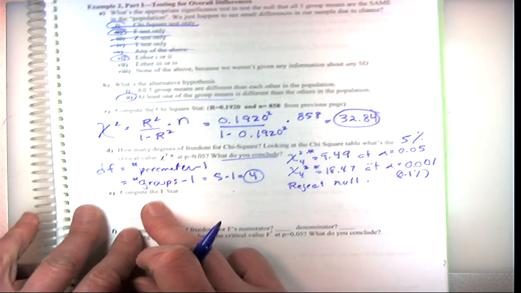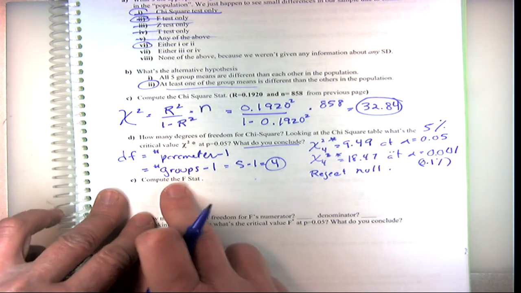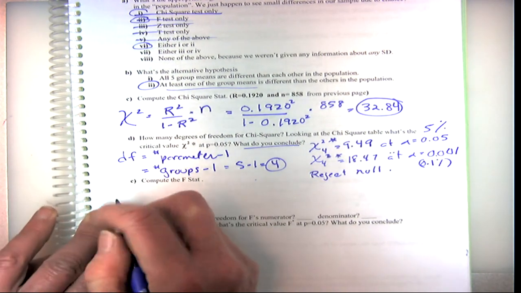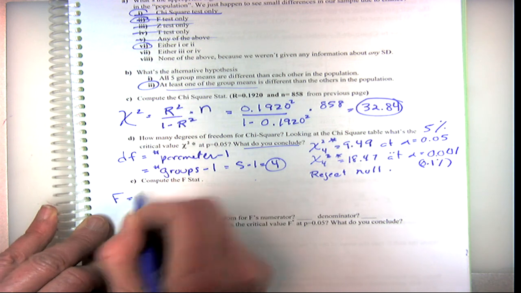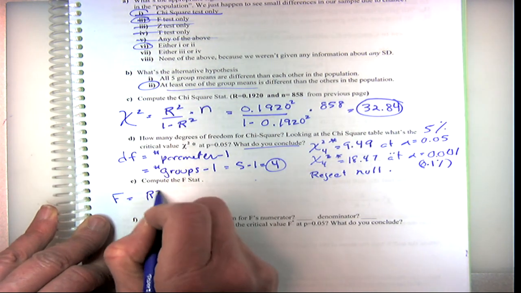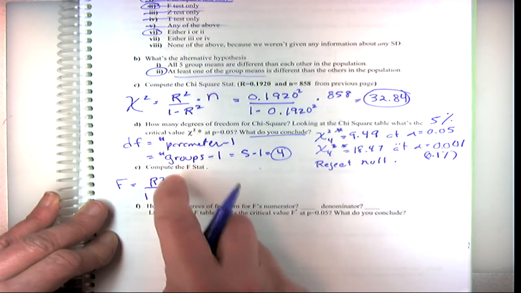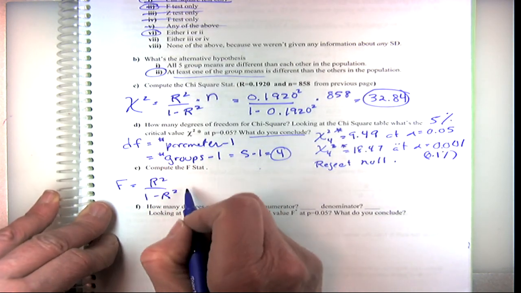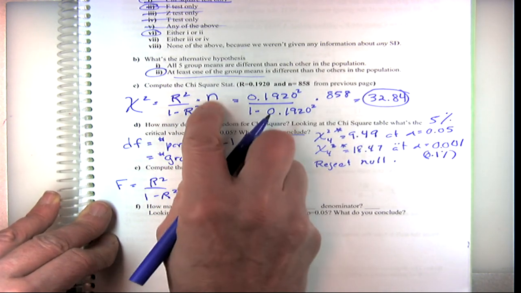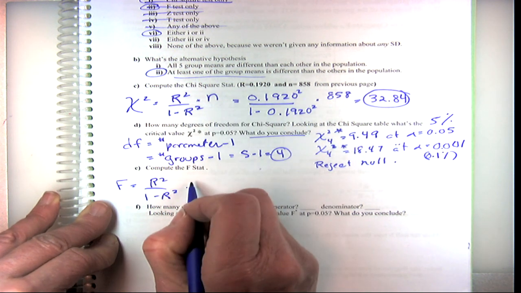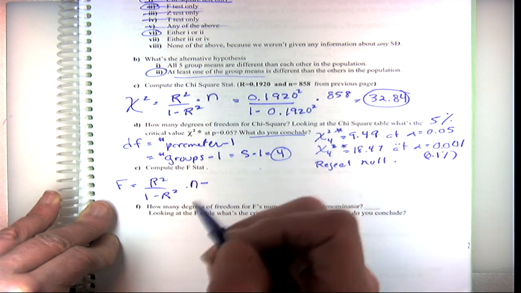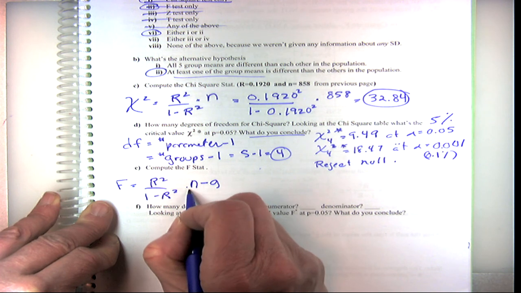How about if we wanted to do the F statistic? It's very similar. This part's going to be the same: R squared over 1 minus R squared. That's the core signal-to-noise ratio. Then we tweak this n a little bit: n minus the number of parameters, n minus g.